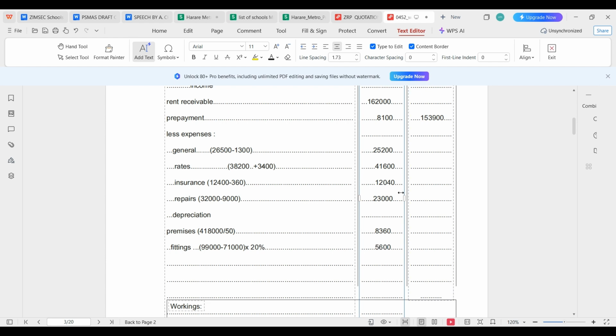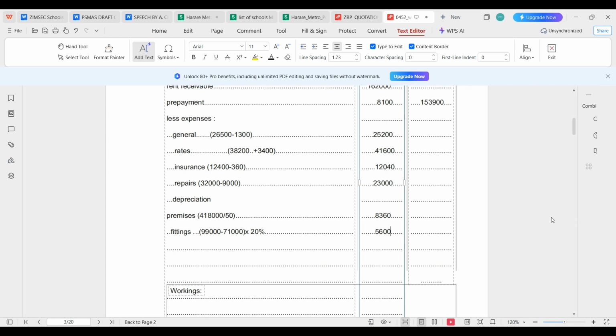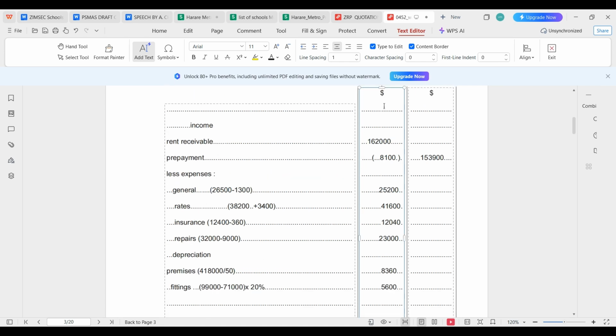So if you check here, we have taken care of every other expense that is being incurred. Remember what we did here was simple. We calculated how much our income was, and we saw that we only had one source of income, which was the rent received.